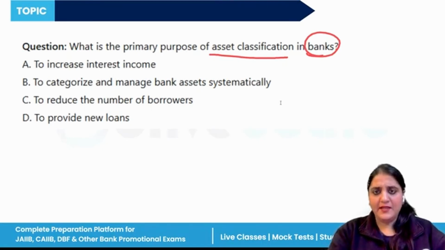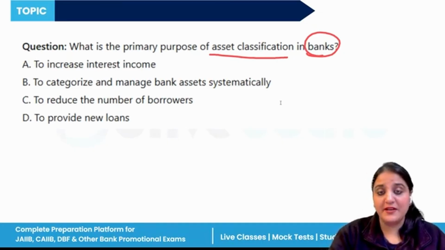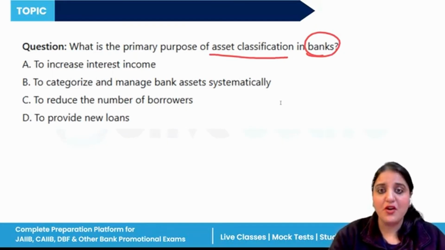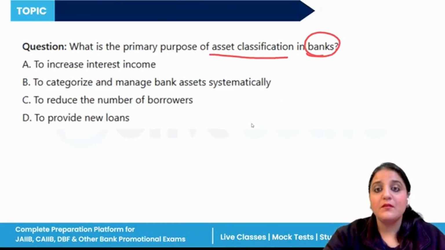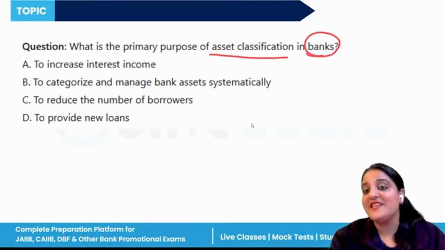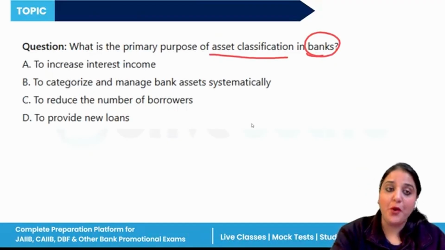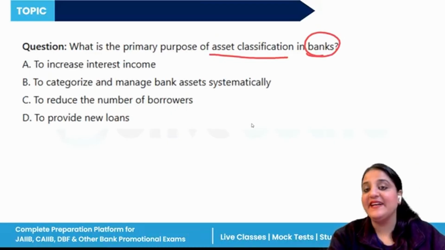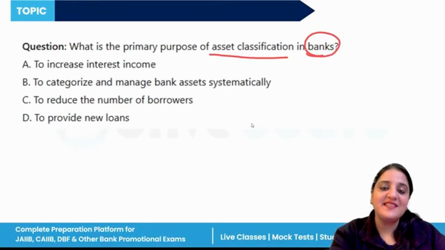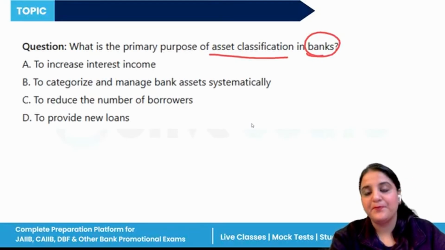You realize that some loans are paying regularly, some have delayed payments, and some borrowers are not paying at all. So, you need a systematic way to organize all these assets so that you can manage the risk, report to the RBI, and take corrective action. This is exactly why asset classification exists.